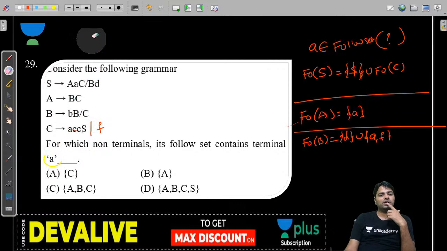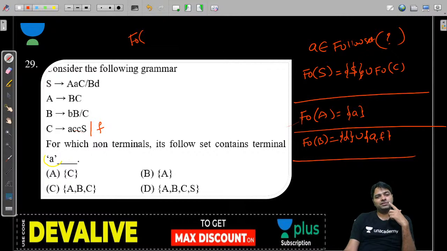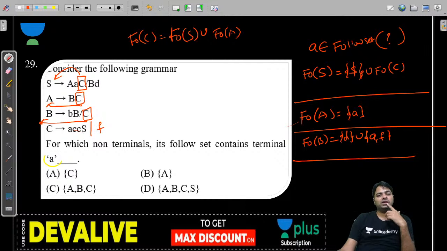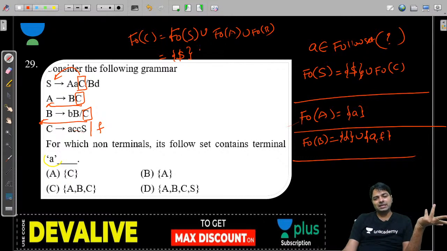Now I'm going for C. Follow of C. What is the follow of C? How many times is C there? C, 3 times. Follow of C is nothing but follow of S, union follow of A, and follow of B. And your follow of S is just, we know, dollar, and union follow of C you can cancel.